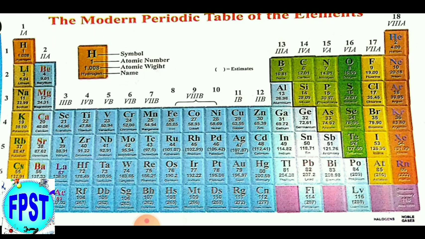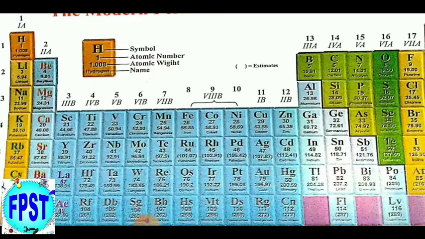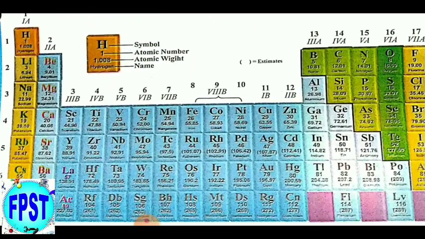The last electron, the differentiating electron, in the first group and second group enters into the s orbital. So the first group and second group elements are called the s block elements.